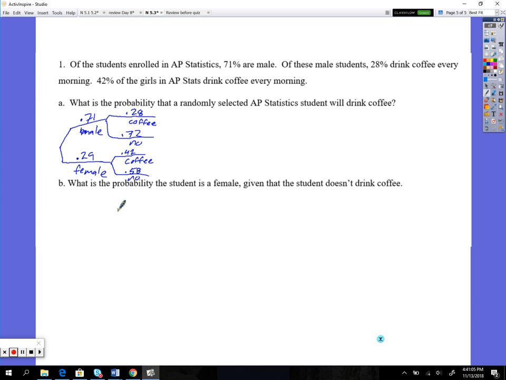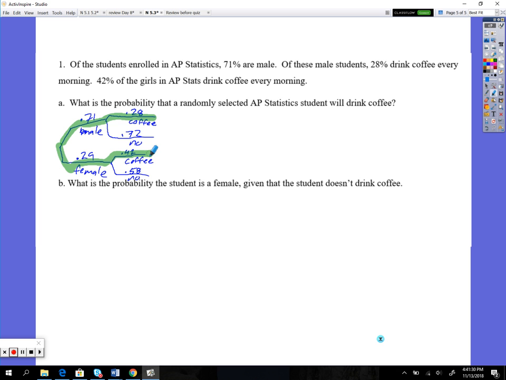So this is our tree diagram that we are now going to use to help us answer some questions. So I have two questions here that we'll answer through. So for the first one, it says, what is the probability that a randomly selected AP Stat student will drink coffee? So what you need to remember here is that that can happen two different ways. I can be a male student that drinks coffee, or I can be a female student that drinks coffee.